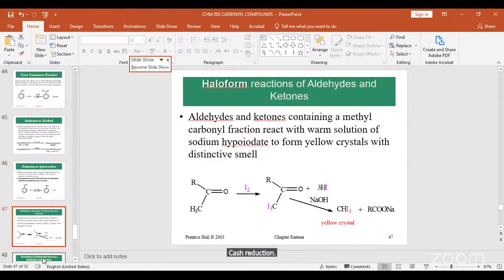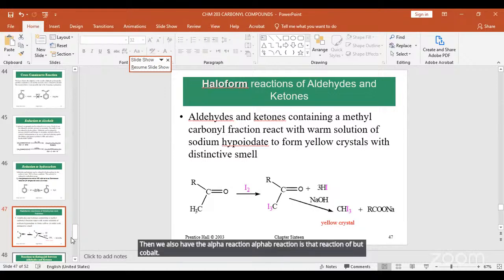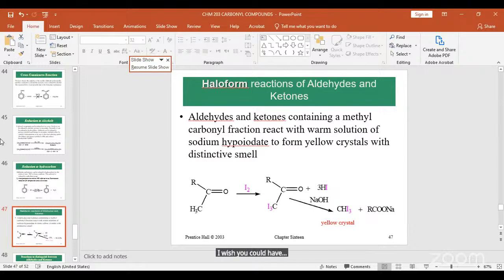Then we also have the iodoform reaction. The iodoform reaction is that reaction of the carbonyl compound in which you can have the acetyl group. You can see here, you have this fraction. You can make this fraction out of your compound.